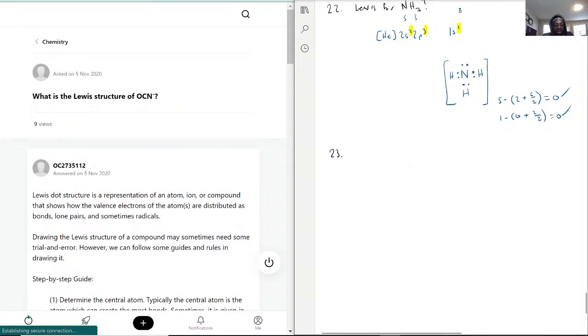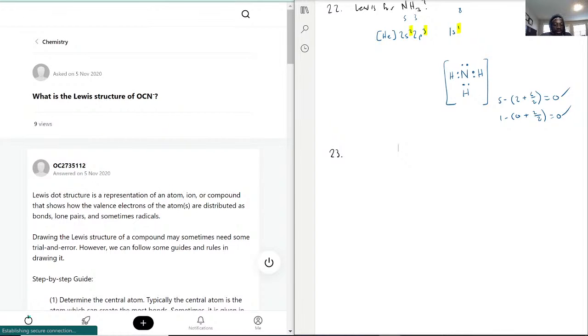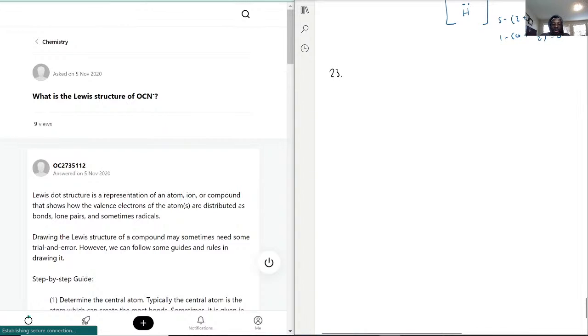So for this one, actually, the Lewis structure for OCN minus. This is going to be a little bit trickier, because just like the other one, we might have to do some rearranging. So let's start with CN, but let me just write down the question. OCN minus.